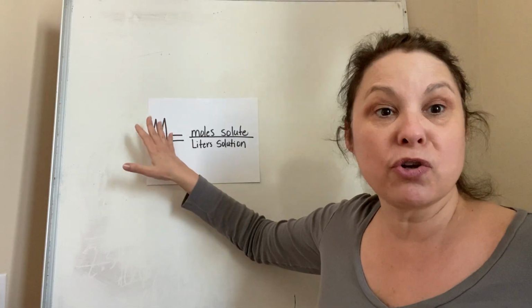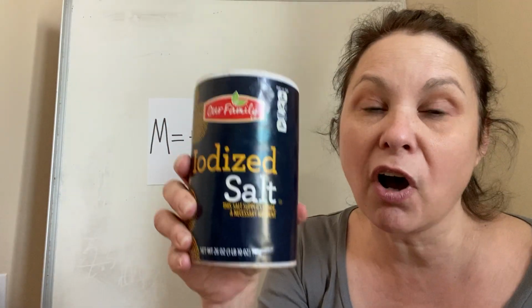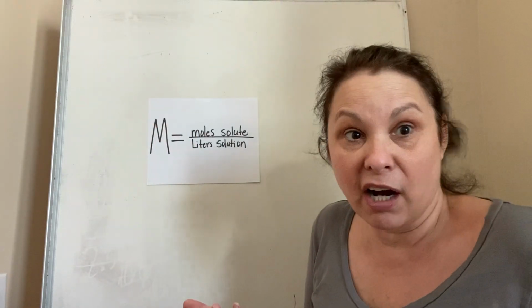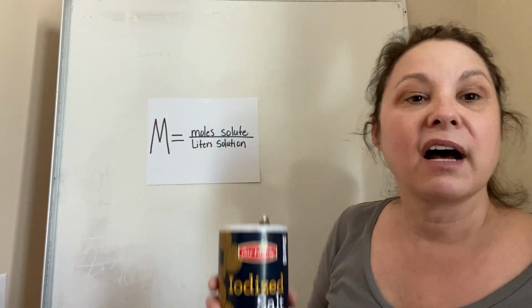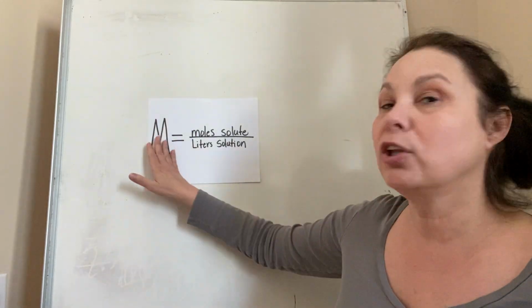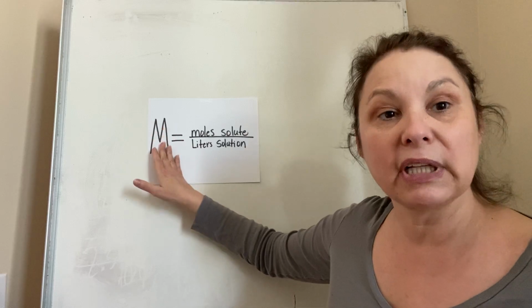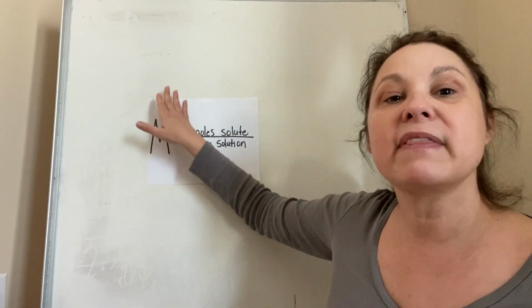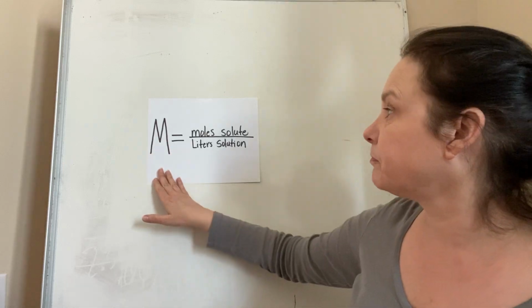So a solution that has a lot of solute in it is going to have a high molarity, a high concentration, and a solution that has only a little bit of solute in it will have a low concentration or a low molarity. So again, anytime you see the big capital M, that is molarity.